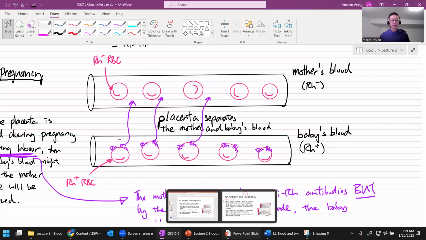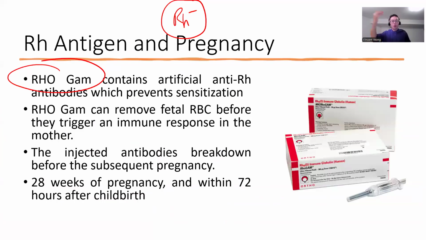Now you might be thinking, how come the RhoGAM is not going to cross the placenta and attack the baby? Well, these are artificial antibodies, which means they are made in the lab, and they make them really big. These antibodies are so big that they are not going to fit through the placenta. If you inject it into the mother, it will stay within the mother only.